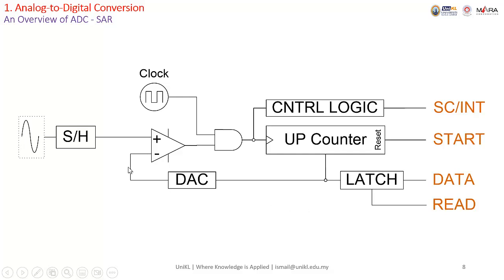For example, say the input is 1.1. So 1.1 is nearer to 1 volt, right? So we feed the counter with the value of 1 volt, I mean the corresponding counter bit or binary code that corresponds to 1 volt.